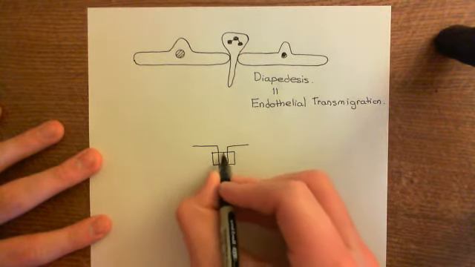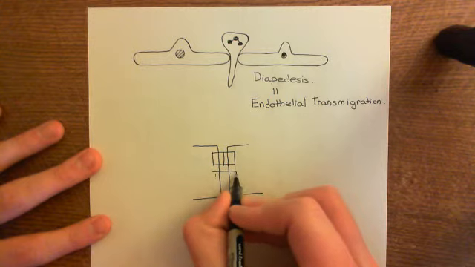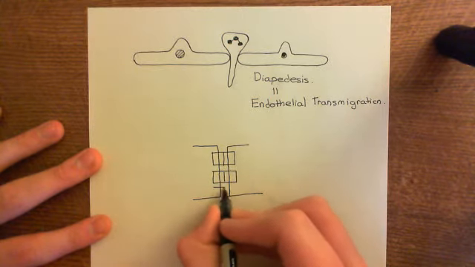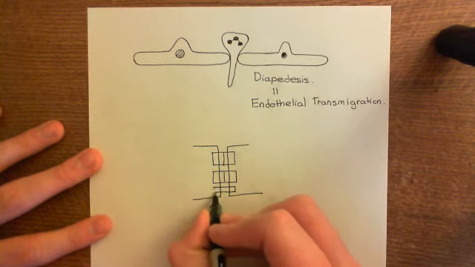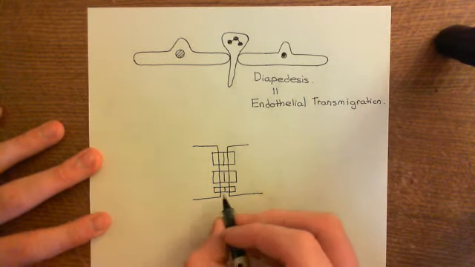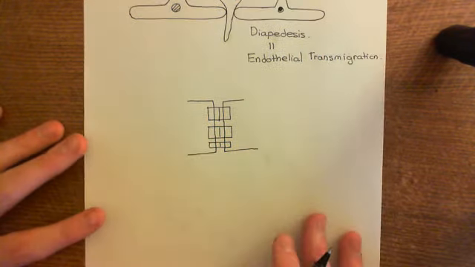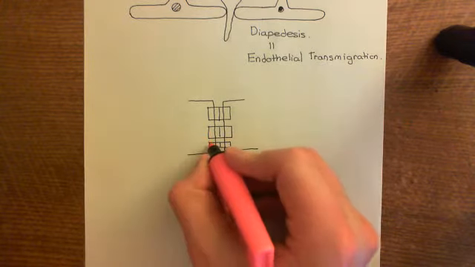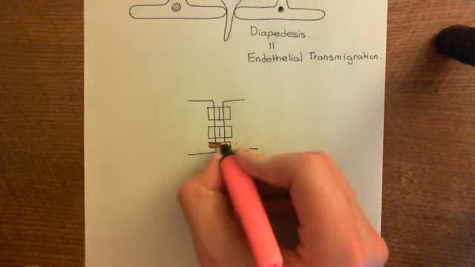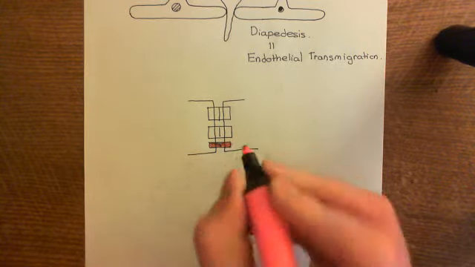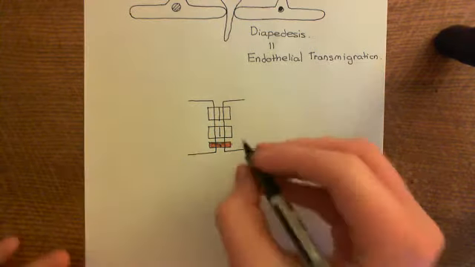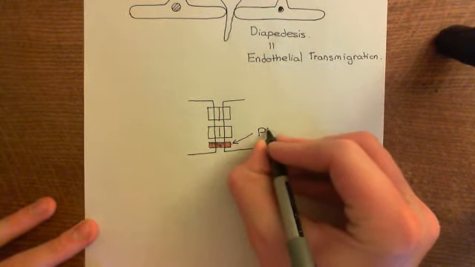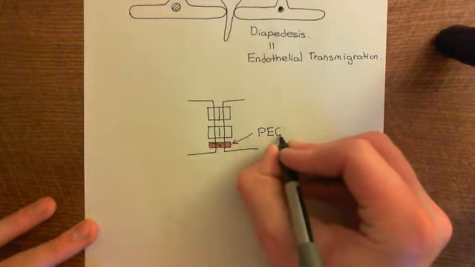Let's let this be the tight junction up here. Let's let this be the adherens junction here, and below that there's another type of little junction between the two cells that's made up of these two cell adhesion molecules of the immunoglobulin superfamily cell adhesion molecule type that are bound to each other. Okay, and this cell adhesion molecule that each cell has on its surface is what's known as PECAM1.